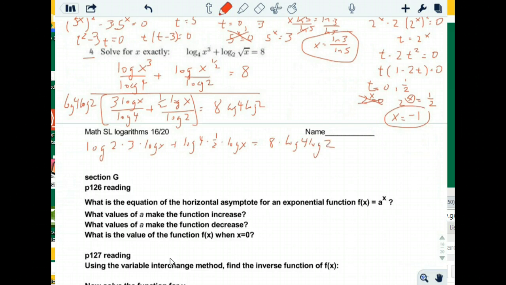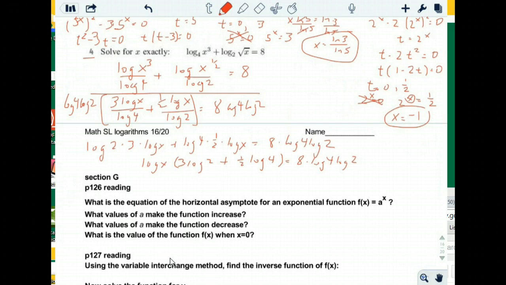Now we can factor out the log x, and then we'll get 3 log 2 plus 1/2 log 4 equals 8 times log 4 times log 2.